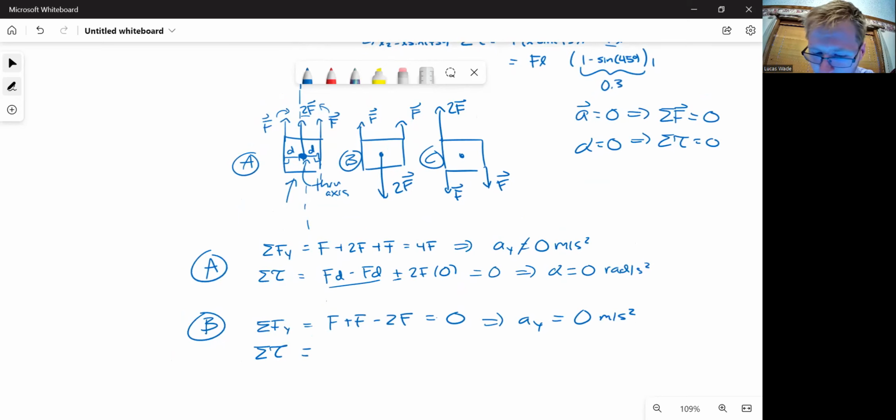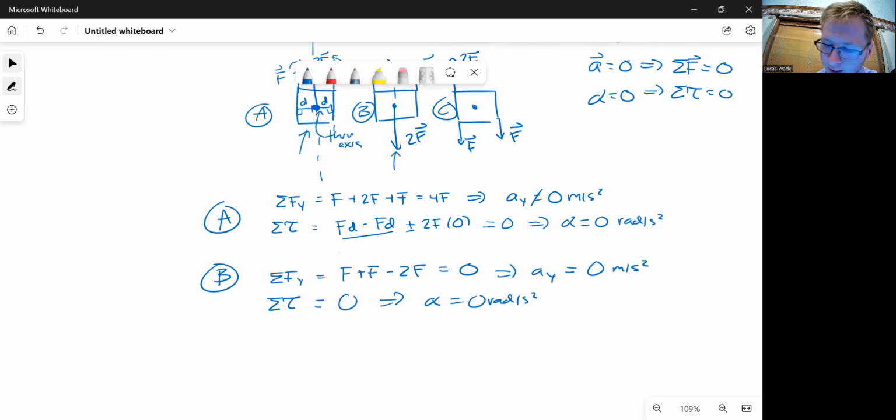Do you see that it's no different from case A? Yeah, it's 0, because in this case, we've got two forces producing torques that balance each other. And then we've got this force that acts through the axis, so it doesn't produce any torque. The net torque is 0. Angular acceleration is 0 radians per second squared. That one has neither linear nor angular acceleration.